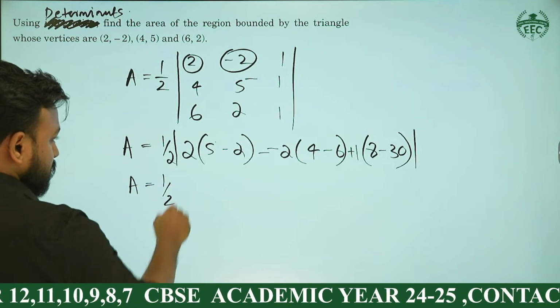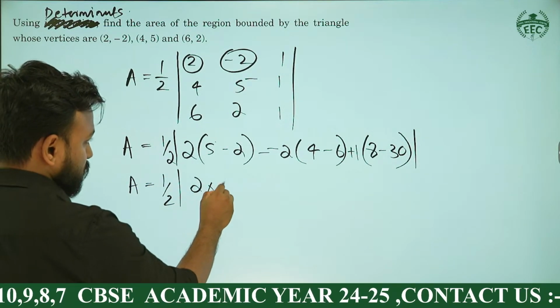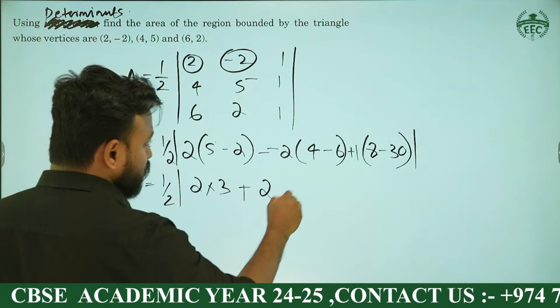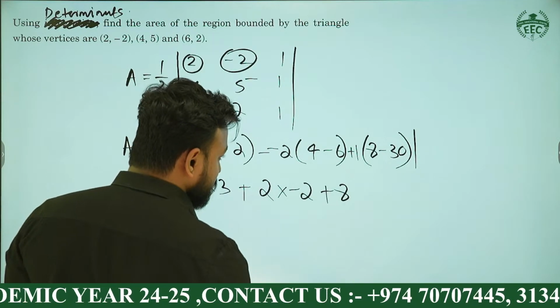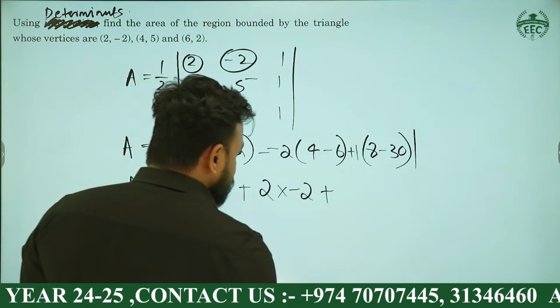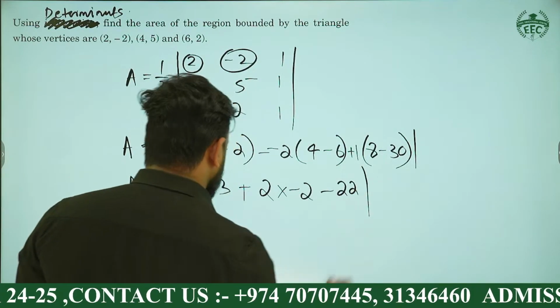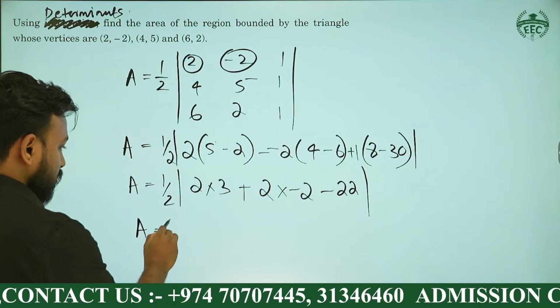Half mod 2 into 3 plus 2 into 4 minus 6, that is minus 2, plus 8 minus 30, that is minus 22. Within the modulus, A will be equal to half.